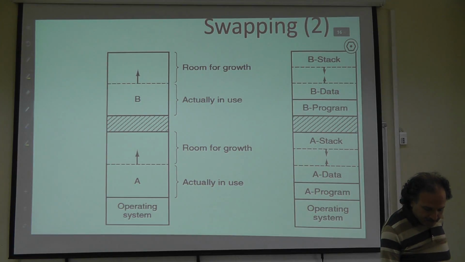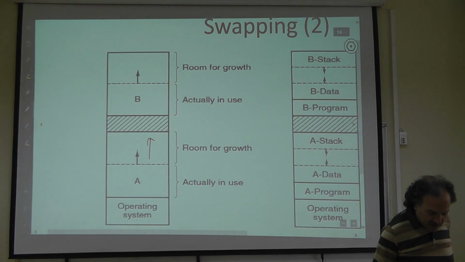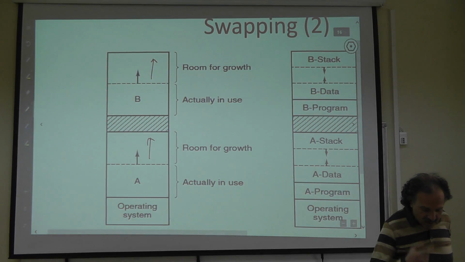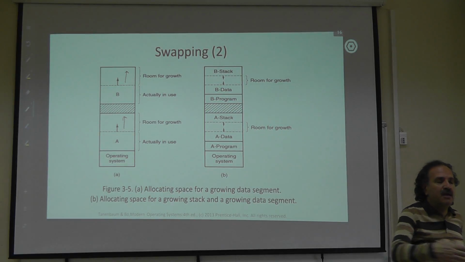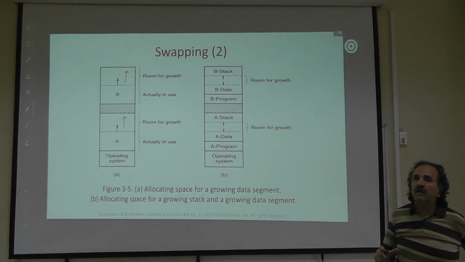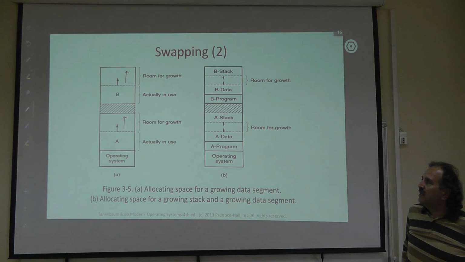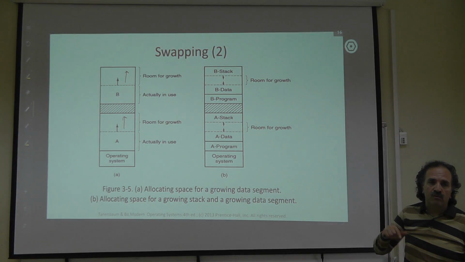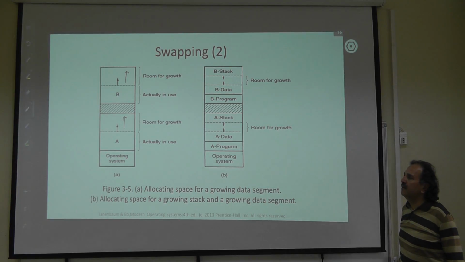So in practice, I allocate a little bit more space, so there is room for allocation. When I do the swapping, when I am loading the processes back to the memory, you don't allocate the exact memory that is needed for process A or B. You allocate a little bit more so that they have more room for growth when they do memory allocation.